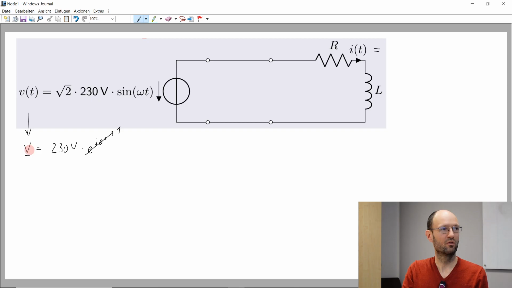Okay, so from this complex voltage phasor, we can calculate the current. And the complex current phasor would be the voltage phasor divided by the complex impedance Z. And the complex impedance Z in this case is R plus j omega L. And yeah, so from this we get a complex quantity for the current, some complex phasor.